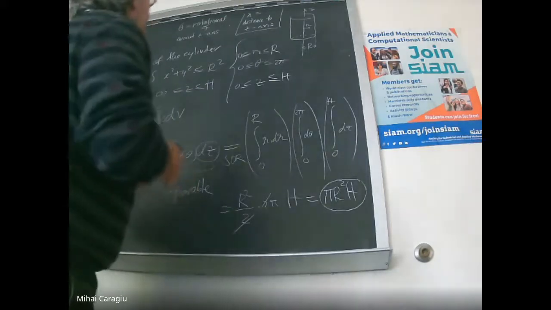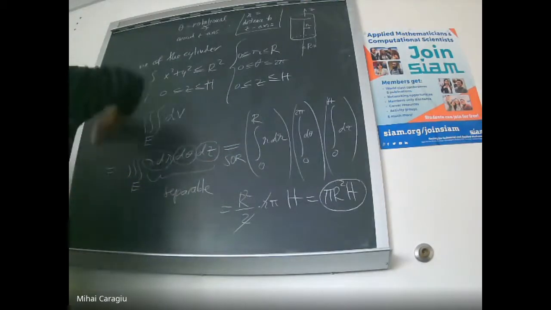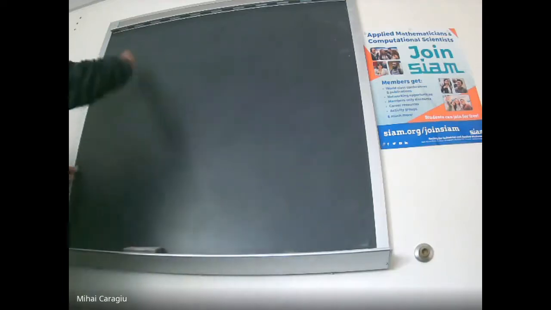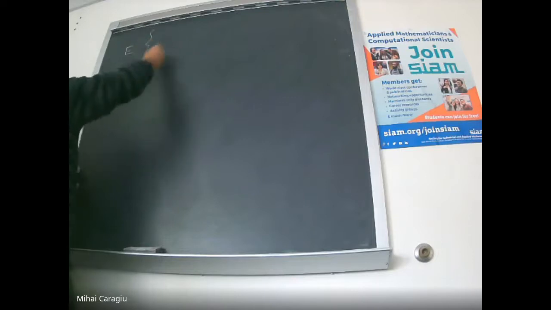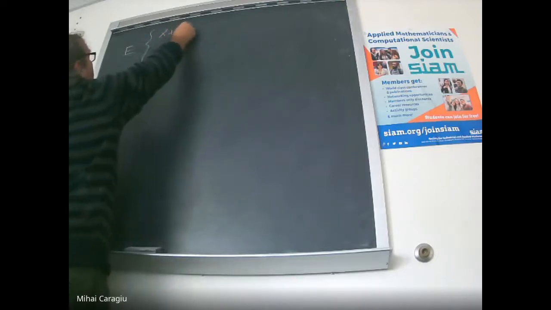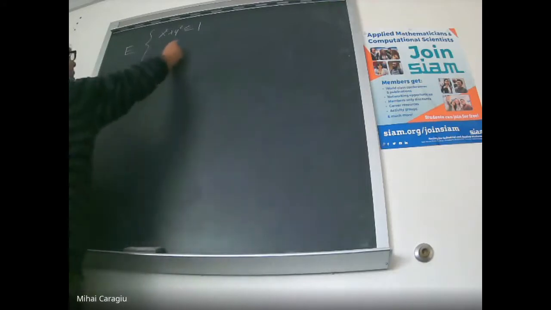Okay, so let's go to the next problem. Let's consider the following solid. This solid E is within a cylinder, x squared plus y squared less than or equal to 1, and z is between 0 and the upper part, which is a sphere.